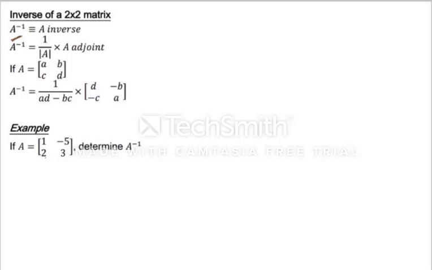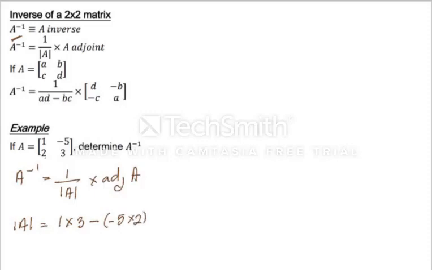In this example, we're given the matrix A and we're asked to find A inverse. A inverse is equal to 1 over the determinant of A times adjoint A. So let's find the determinant of A. The determinant of A would be equal to 1 times 3 minus 5 times 2.